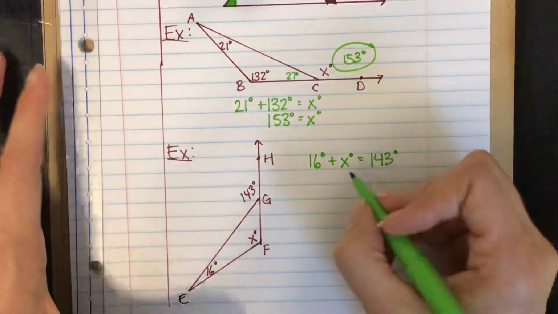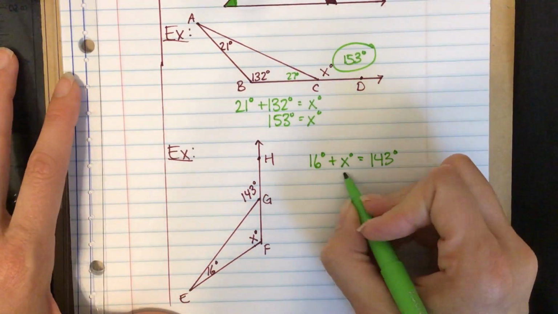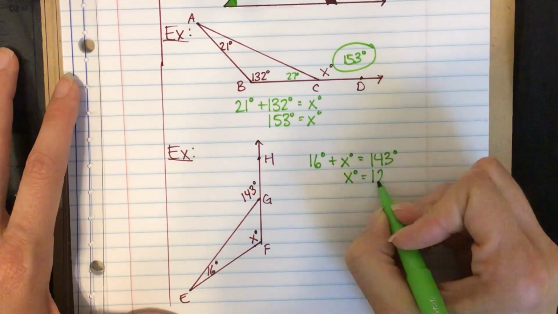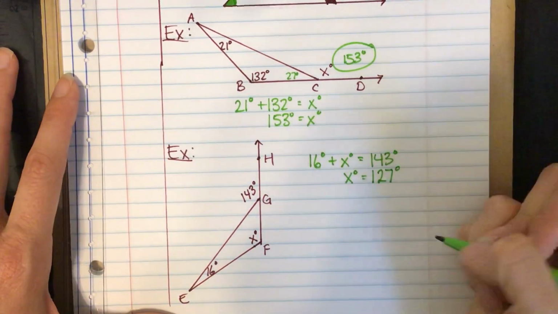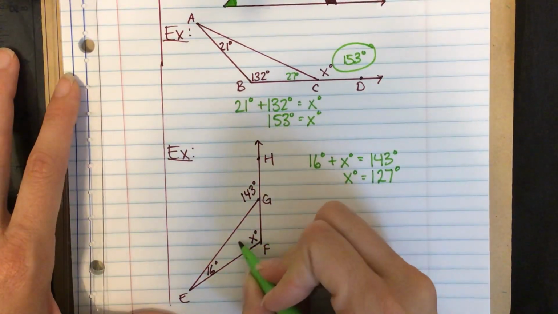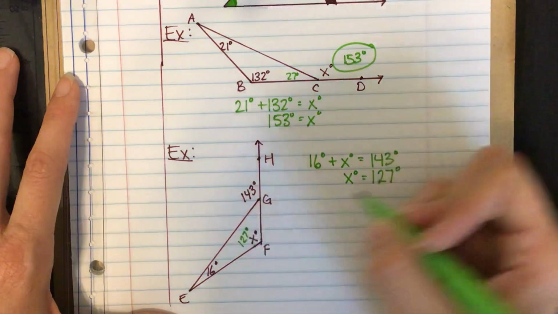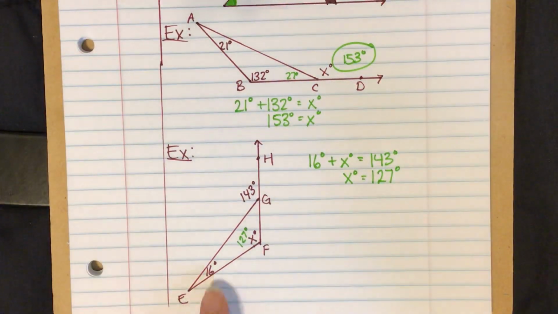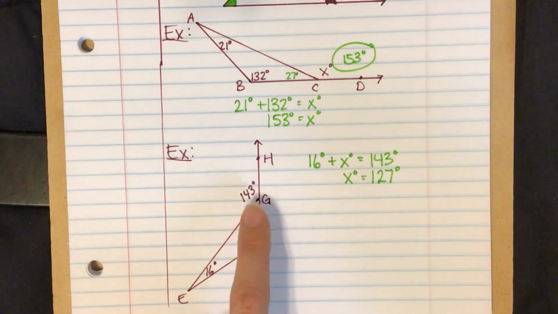And now we're just going to solve it. I'm going to subtract 16 from both sides, and I will get that x is equal to 127 degrees. Okay, so this is 127 degrees.